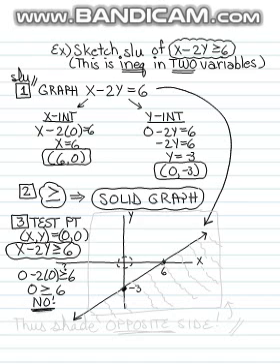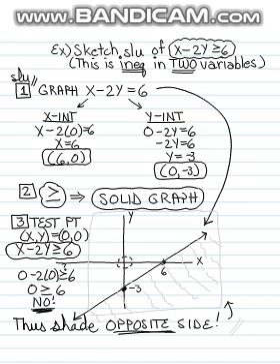So it failed the test. Thus, we shade the opposite side, because it failed. It didn't satisfy the inequality. So shade the side opposite of the side that the test point lived on.